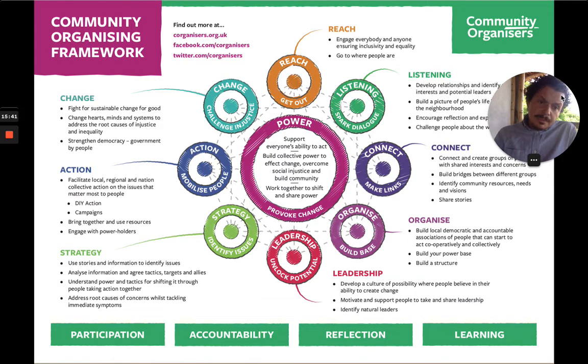And so when you create a power map, what you're doing is you're identifying within an issue that you've decided to organize around, what are the stakeholders? Who are the people or organizations with most power within this issue? Who are the people or organizations with least power? Who are the people who oppose or who think that this issue matters?